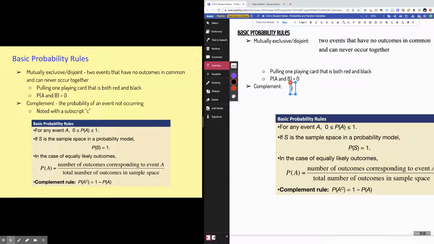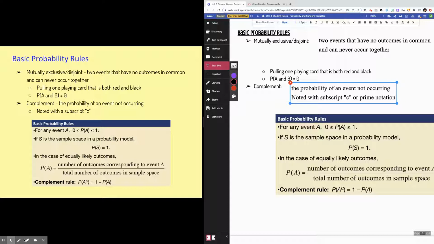Another very important term is complement, which essentially means not. A complement is the probability of an event not occurring. It's noted with a subscript C, and although it's not written on here, it's also notated with prime notation.